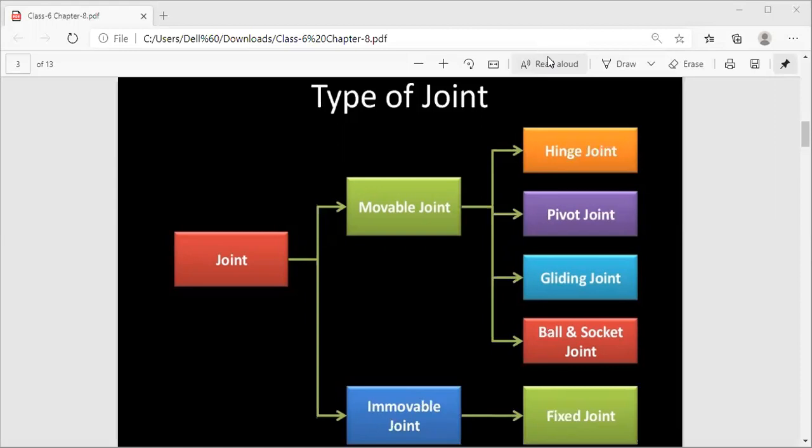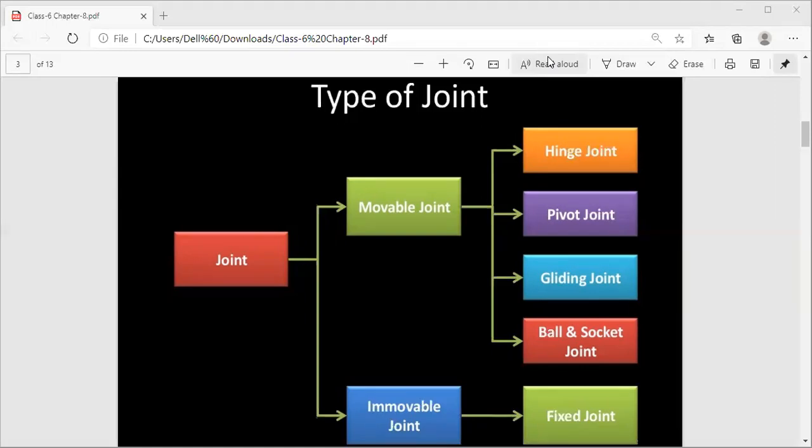First is the hinge joint, second is the pivot joint, third is the gliding joint, fourth is the ball and socket joint. So these four are movable joints. And the example of an immovable joint is a fixed joint. A few of the joints in our body do not move.